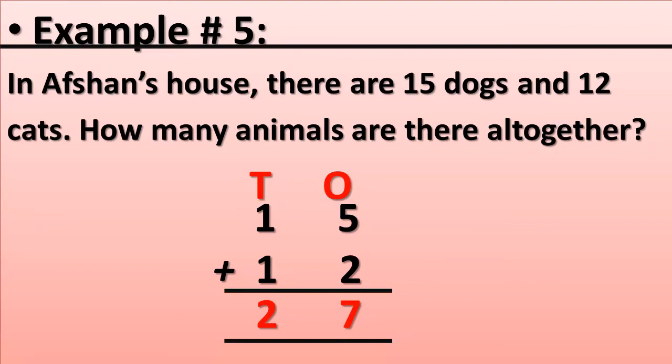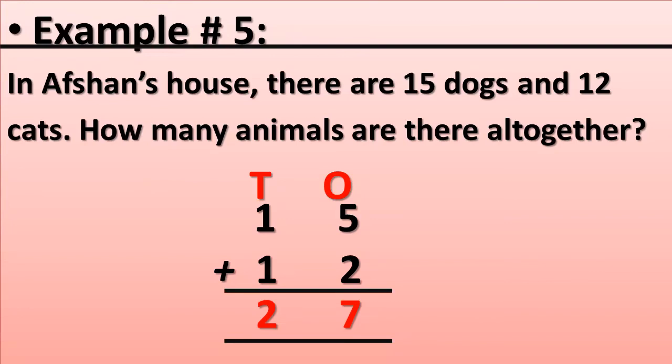Here in this question, we will find that how many animals are in Afshan's house. Now students, you tell me how many dogs are there in Afshan's house? Yes, 15 dogs. So here we will write 15, which means 1 ten, 5 ones. So here we will write 1 ten, 5 ones.